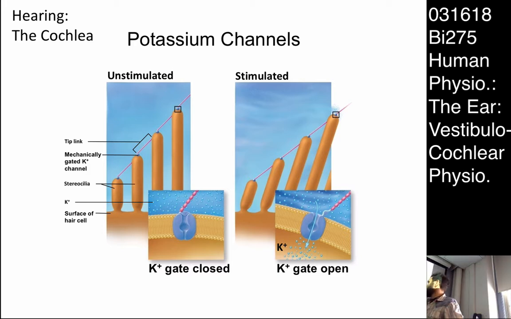So if these hair cells bend in this direction, because we're changing the geometry of one stereocilium with respect to its neighbor, this linker is going to rip open the door to this potassium channel and allow the influx of potassium. When that happens, that's going to cause the depolarization of that cell and lead to stimulus.